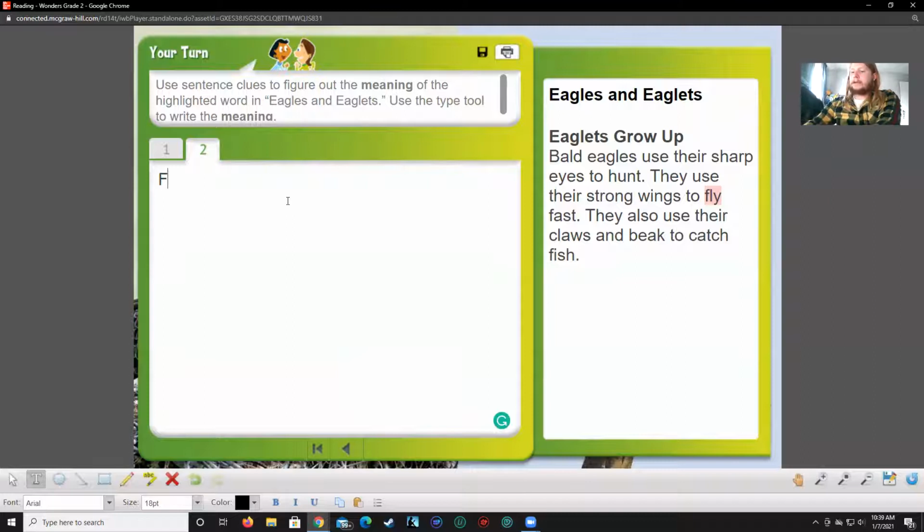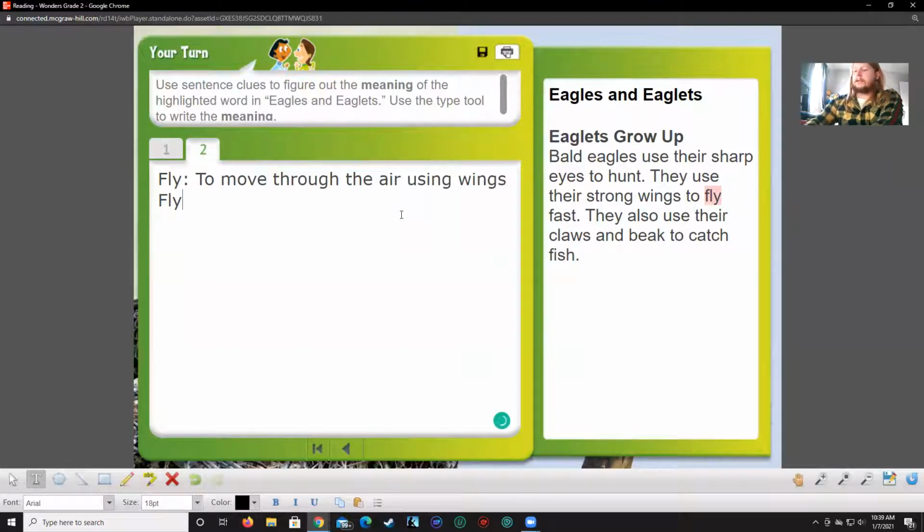So there's a couple meanings of the word fly. The first meaning is to, actually, you know what's interesting? Fly is definitely a word that you know, but the definition kind of escapes me, like how to exactly say it. So, fly is to move through the air using wings.